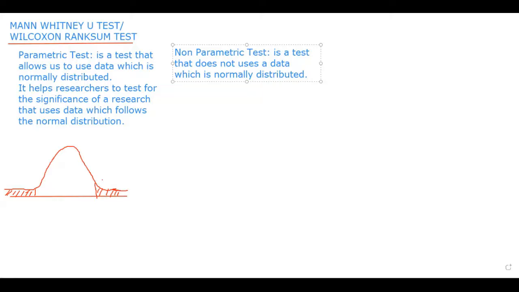We are also saying data is not normally distributed when it follows skewed data. So data which is not normally distributed is the opposite of the parametric. That data follows a skewed distribution, whereas the parametric follows the normal curve.